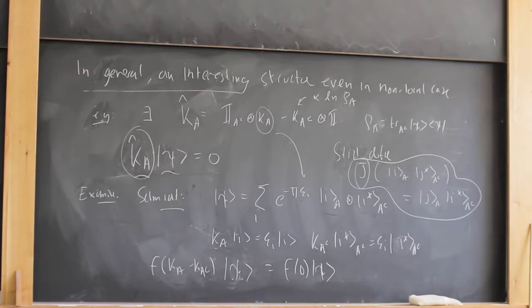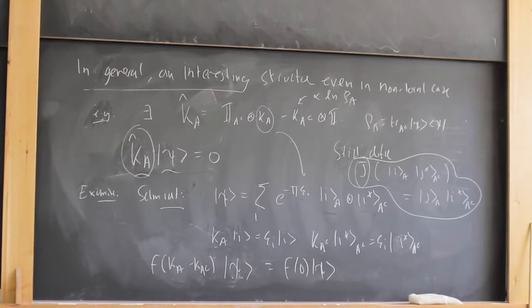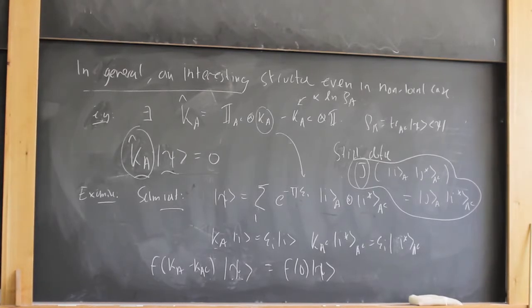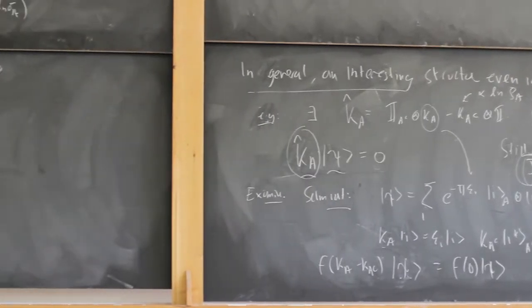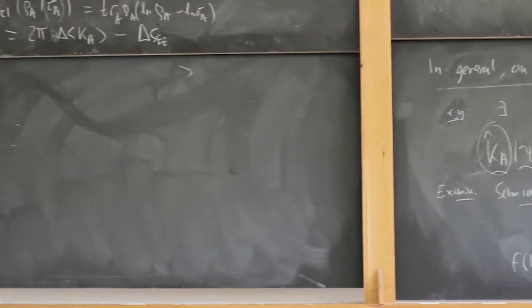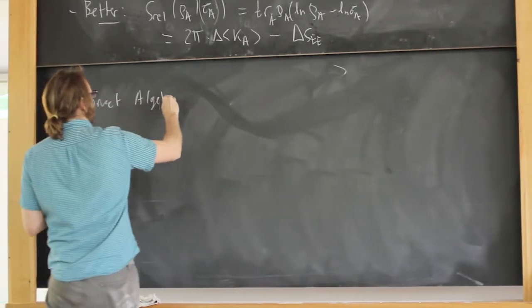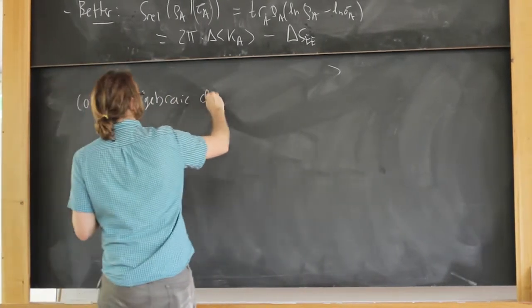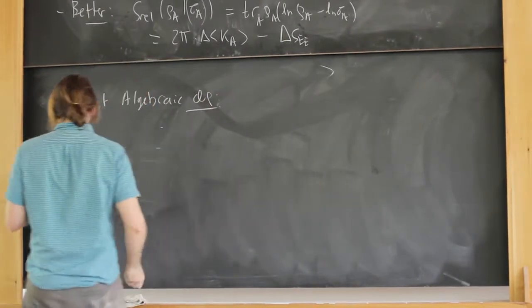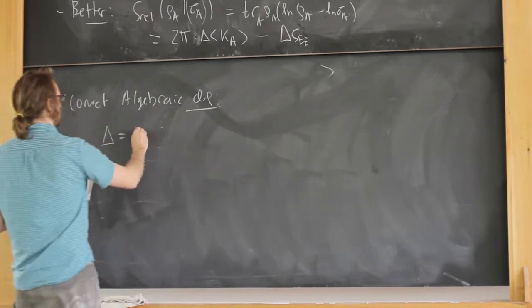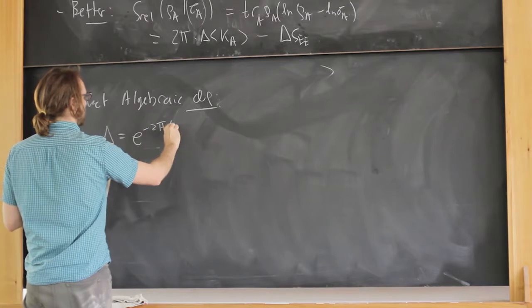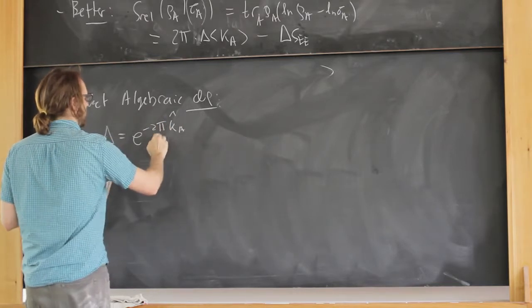So let me do that now. In particular, this is something that people define in algebraic quantum field theory. So the correct algebraic definition is to consider, okay, let me define an operator which I'll call delta, which is e to the minus 2 pi K hat.